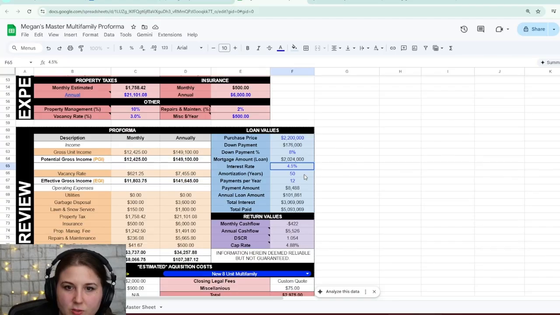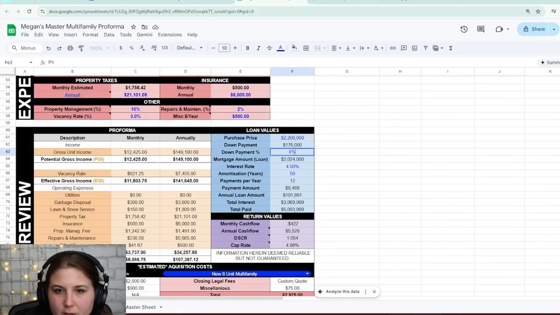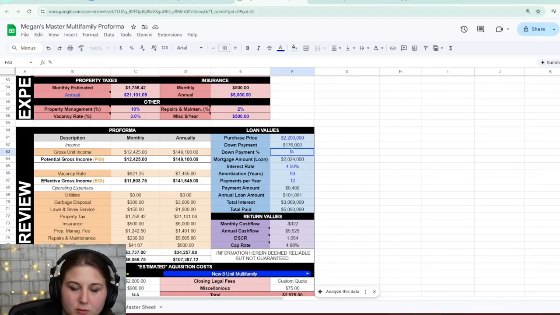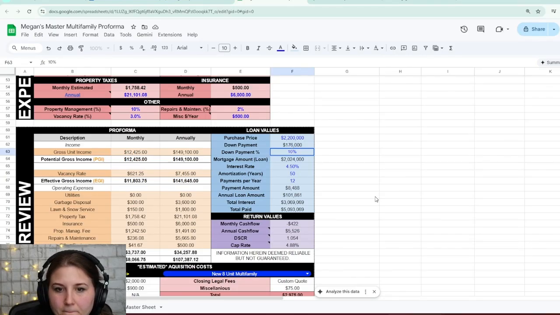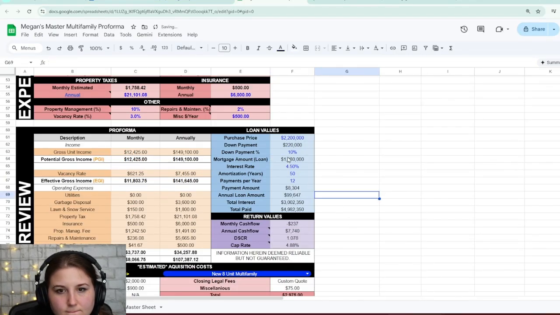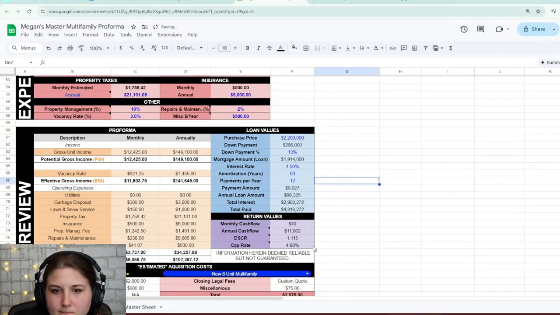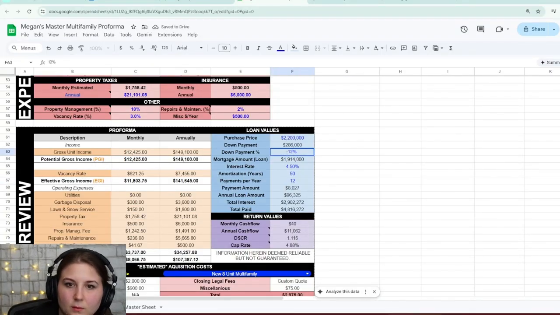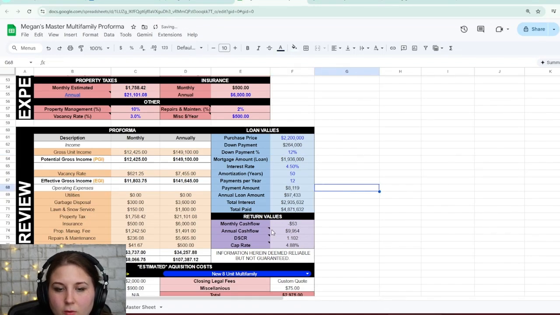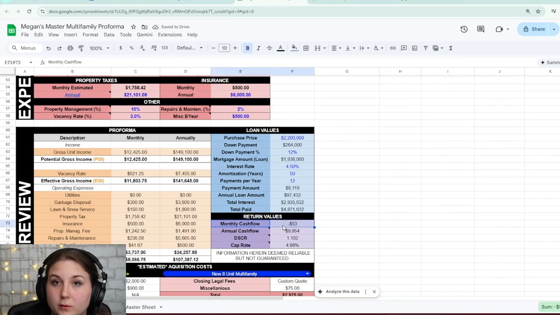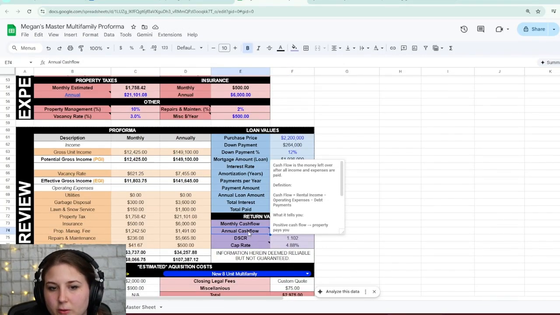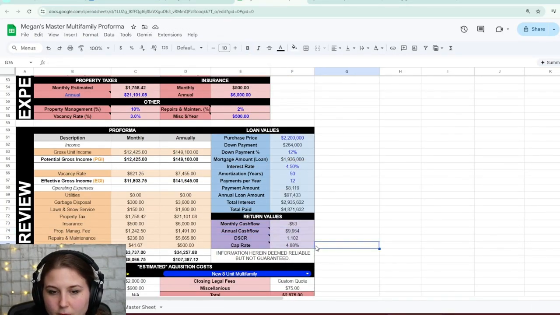Yeah, we'll leave that interest at 4.5. Maybe if we put 10% down. I don't need to put 13. I know that most investors are going to be looking at the monthly cash flow, but the lenders are going to be looking at the annuals.